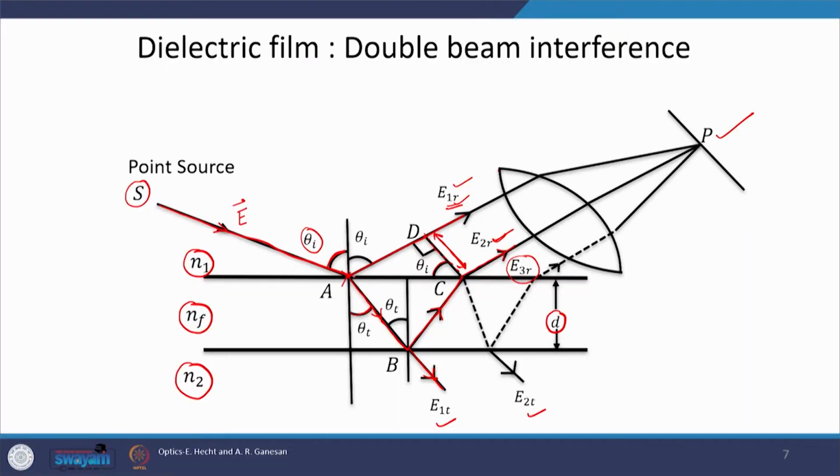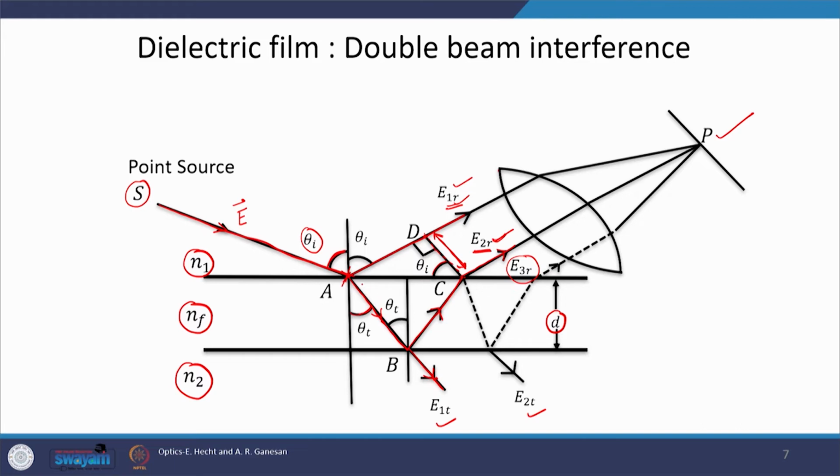Now we will talk about the path difference between E1R and E2R. Till point A the path length is the same, and after line DC the path length is the same. Therefore, whatever difference is being created between the two paths is after A and before DC. You see that E2R, the second ray, is following path ABC, while the E1R ray is following path AD.